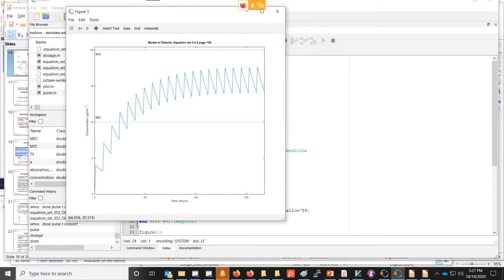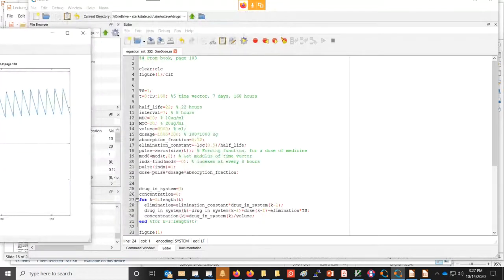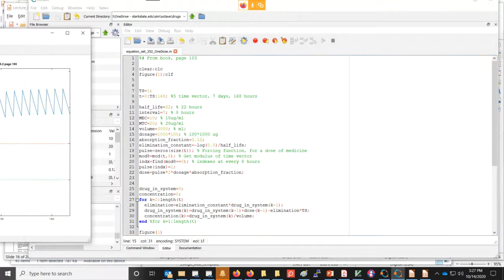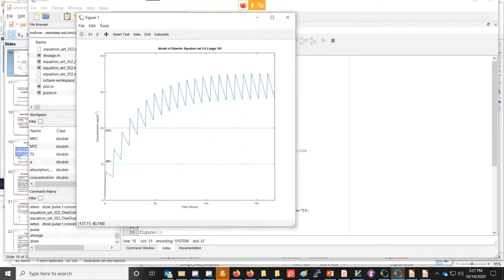Okay. So let's see what happens if I was to take double the dosage. I could come over here now and double my dosage and take 2 of these. All right. And so if I take 2 of them, you see that, whoa, I'm way over the maximum therapeutic concentration up into the toxic concentration.